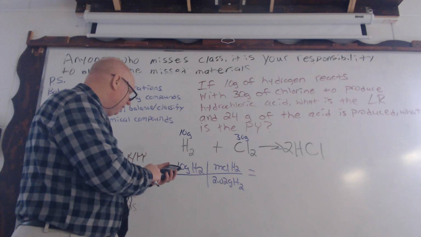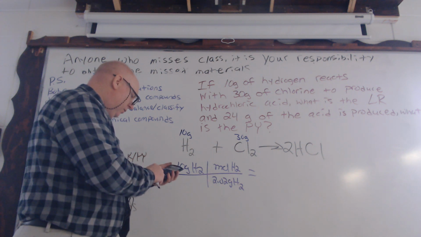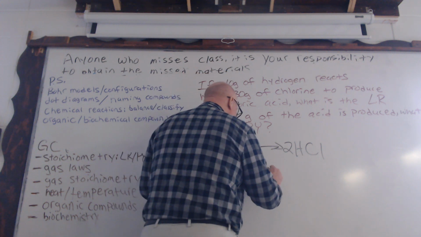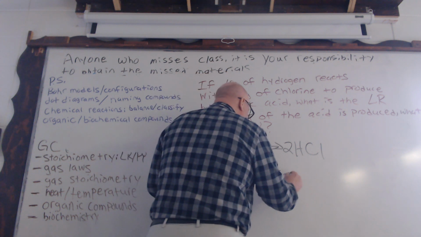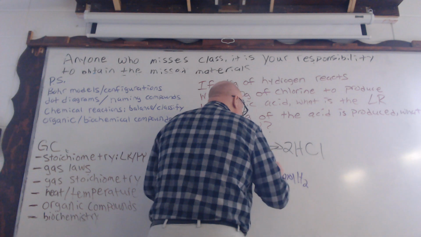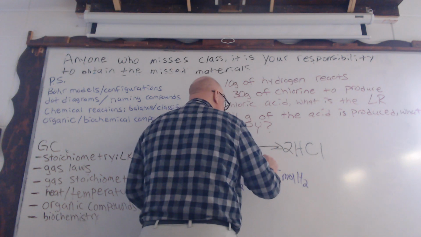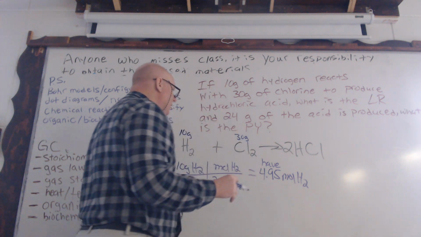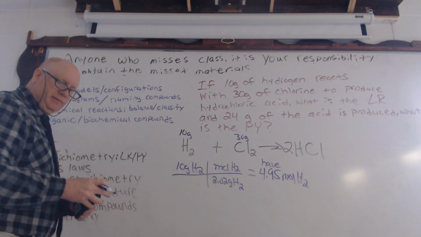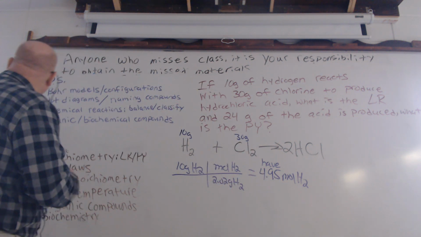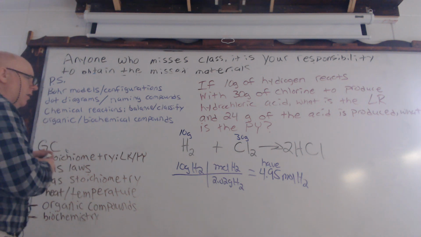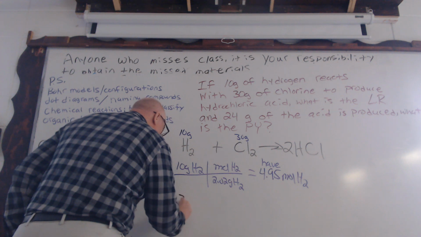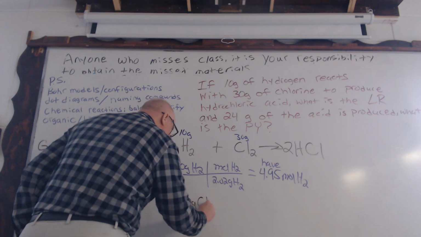In other words, 10 divided by 2.02, 4.95 moles of H2. And again, that is how much we have of this substance. We have $4.95 to spend. Then we need to look at our chlorine, which means 30 grams of Cl2.